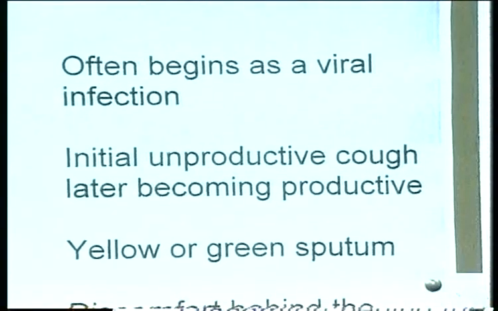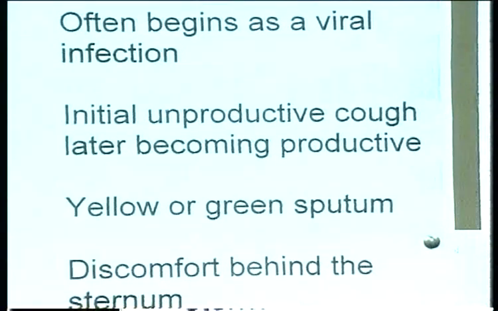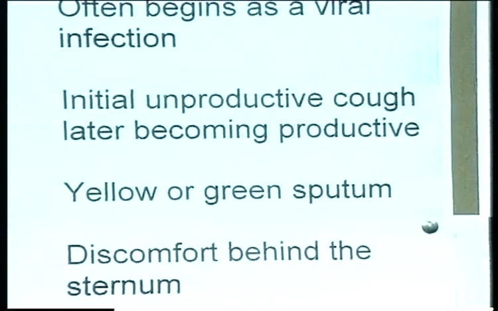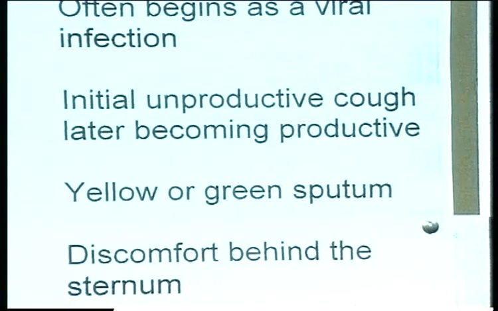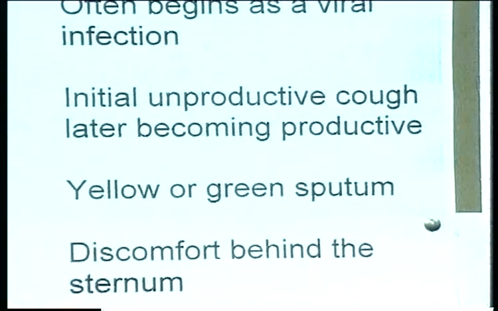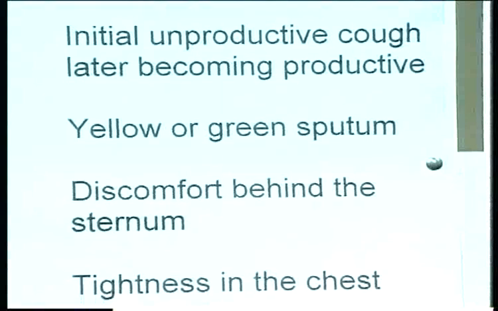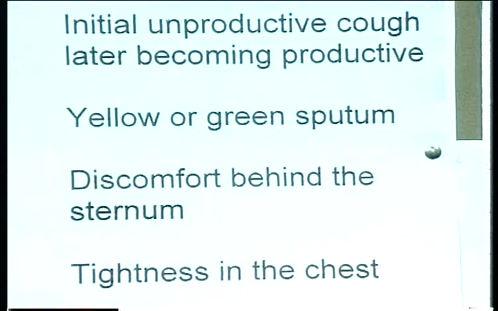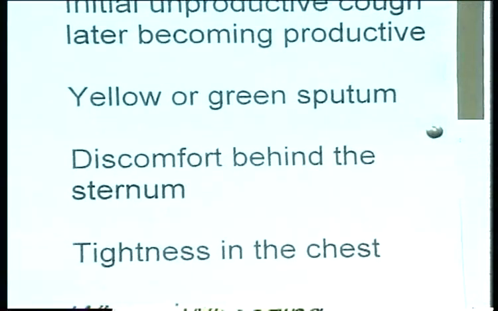And if there's yellow or green sputum, which there very often is, then this indicates the presence of bacterial secondary infection. Very often there's an uncomfortable feeling behind the sternum due to coughing and due to the infection itself, and a general tight feeling in the chest.